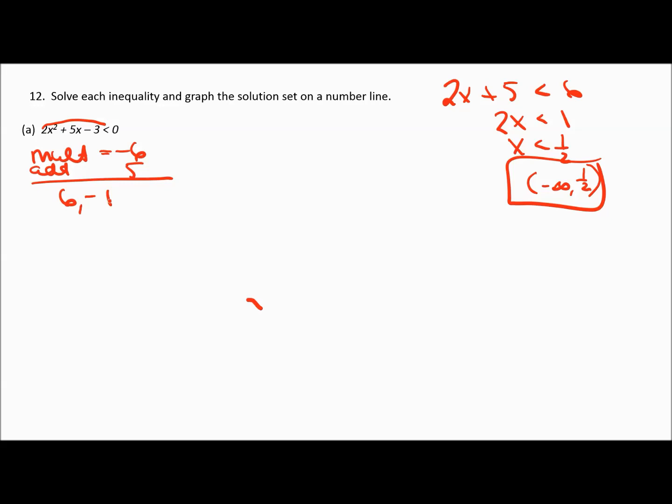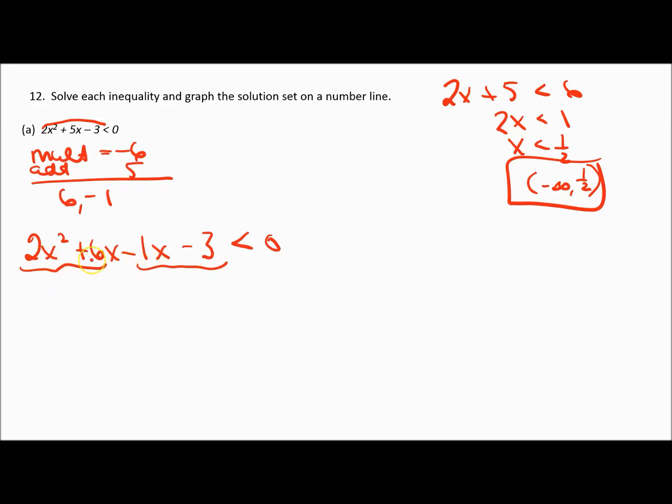And what I'm going to do is use those two numbers to replace the 5x that's sitting in the center. So I'm going to say 2x squared, and instead of writing plus 5x, I'm going to put plus 6x minus 1x. And notice that still adds to be 5x minus 3, and that is still less than 0. Now, factor by grouping.